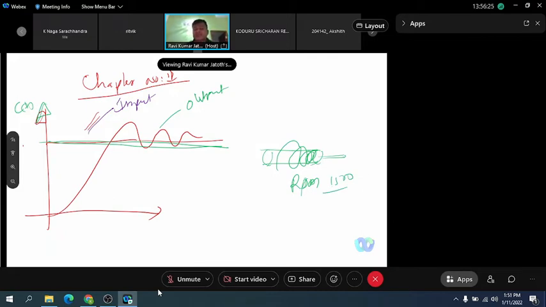But this 1500 RPM is achieved in 5 minutes. The system is slow.